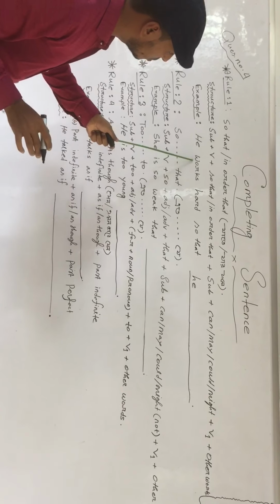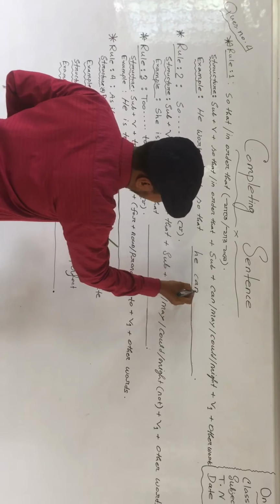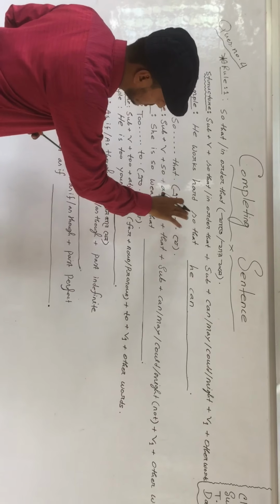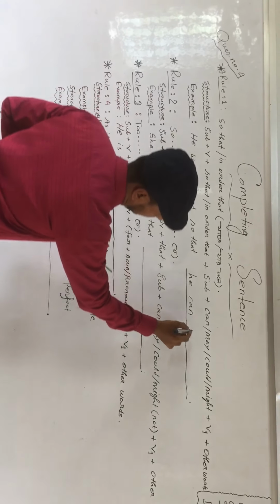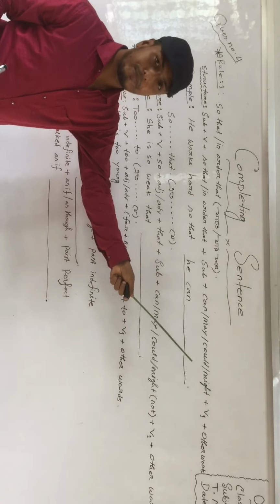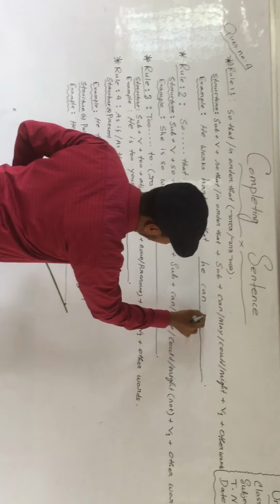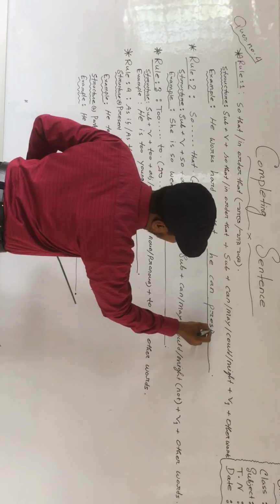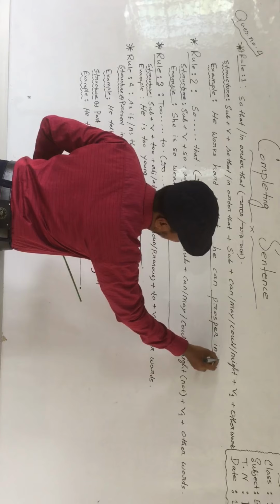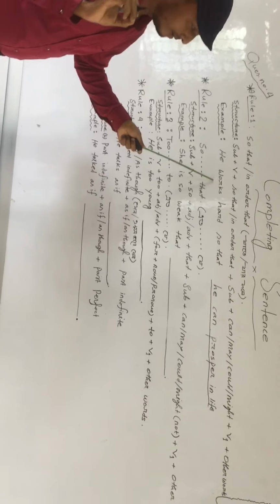If the first clause is present tense, then you should use here can. He works hard so that he can, then you should use V1, that means verb present form. He can prosper in life. My dear students, this is a complete sentence.